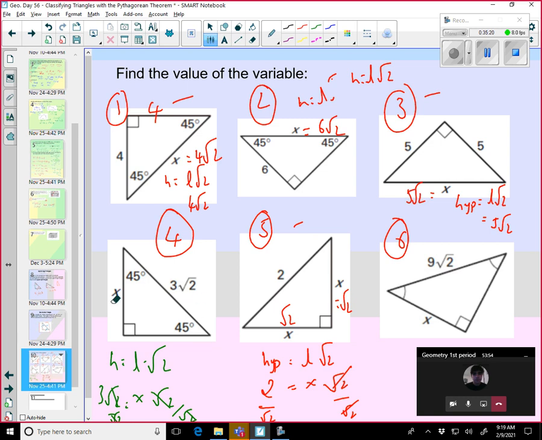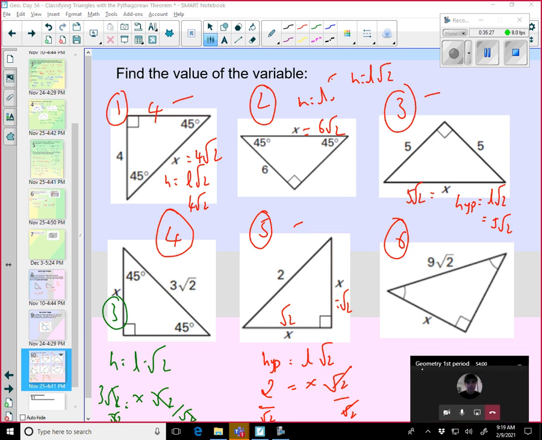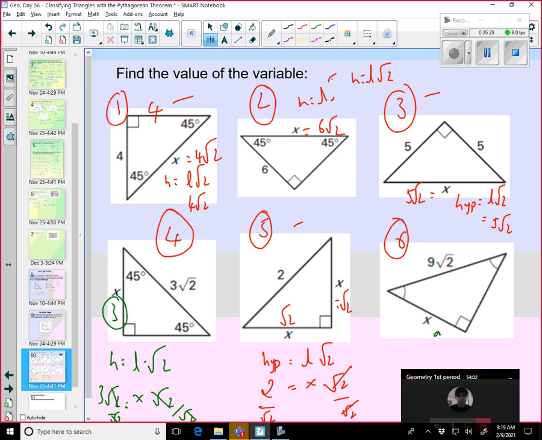So x equals 3. And in the same way, you'll get x is supposed to be 9. The hypotenuse is given as 9 root 2. You can say 9 root 2 equals leg times root 2. The leg is x, substitute, and in the same way you'll get 9.